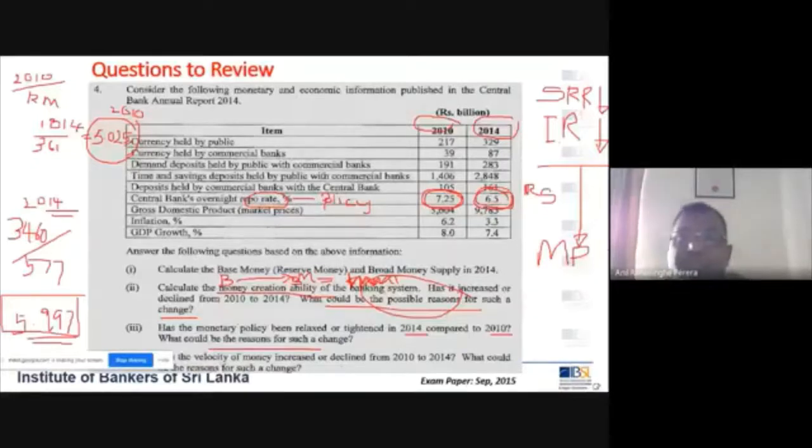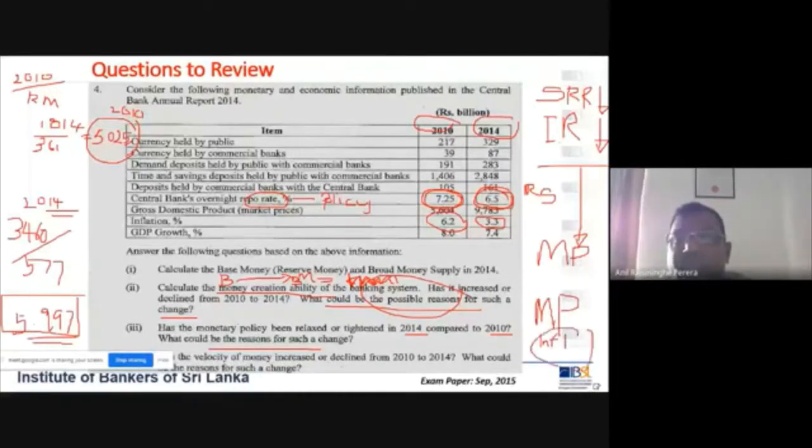See, inflation in 2010 is 6.2. In 2014, inflation has come down to 3.3. Remember, central bank is conducting monetary policy to bring down inflation, isn't it?